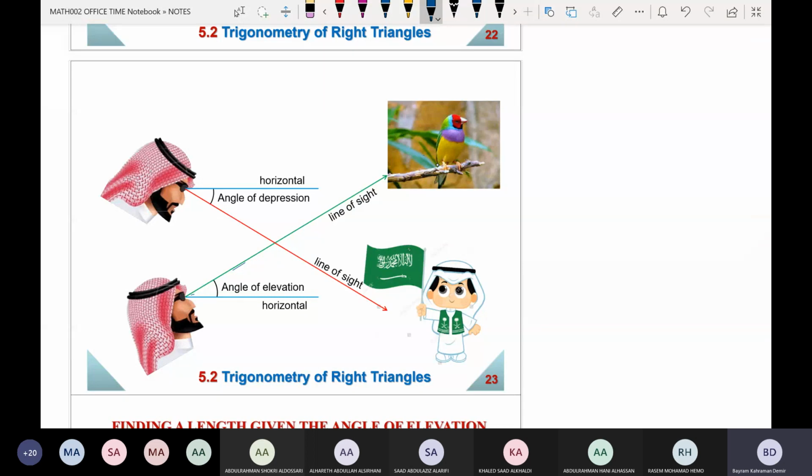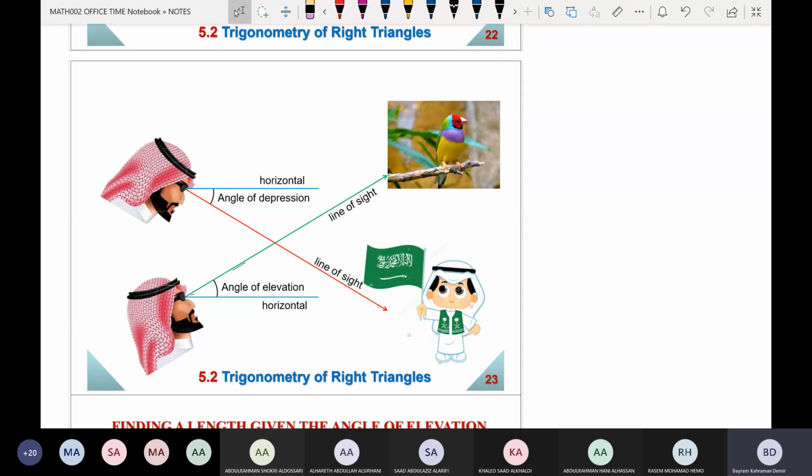But if you are looking below your eye level, for example at a child here, you need to lower your head. So you are going to have an angle of depression. That means you are looking down, between the horizontal level of your eye and the line of sight. It is called angle of depression.